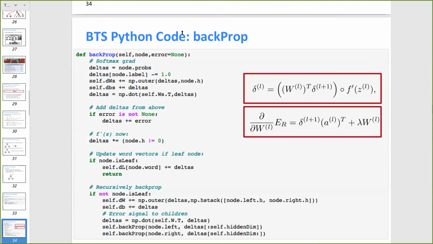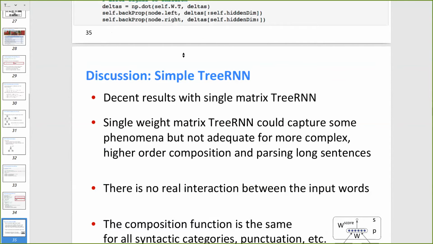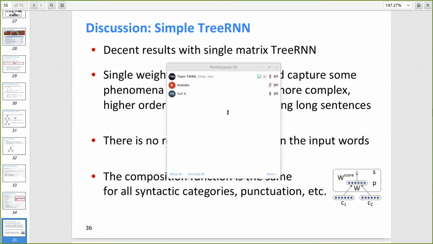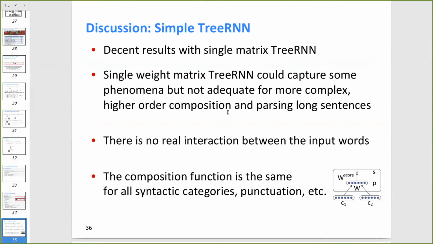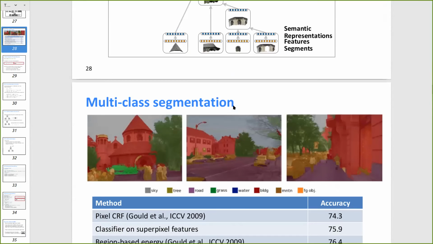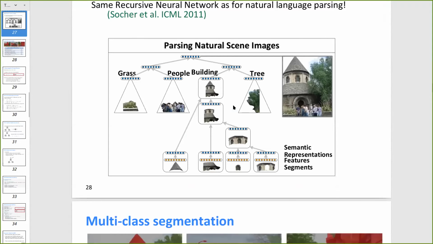Any questions or anything that you would like to add? I have a question. Yeah. So the scores in both natural language and in image understanding, are they also computed by network training? You mean whatever we have seen so far? Yeah, like in this approach in the recursive neural network.